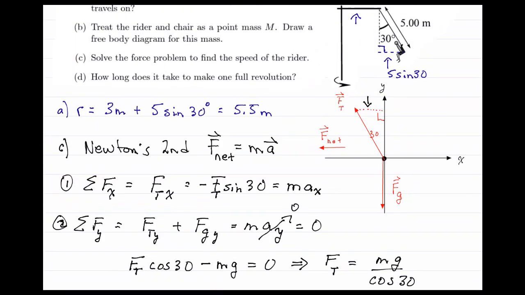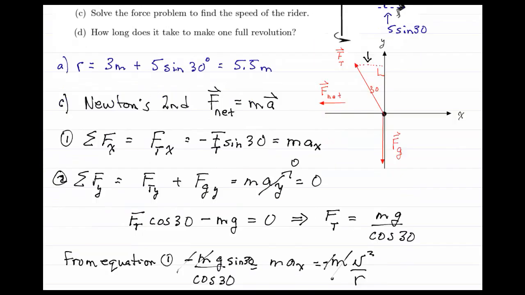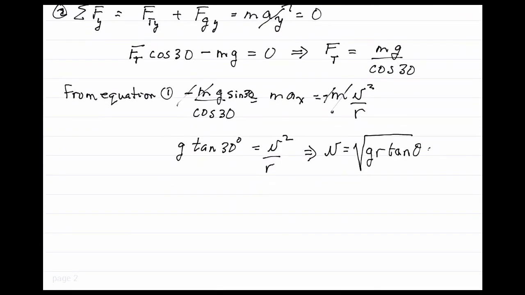Now, the last question is, how long does it take to make one complete revolution? That's part D right here. In one revolution, this rider travels the circumference of the circle. So the circumference of the circle is just 2 pi times r.